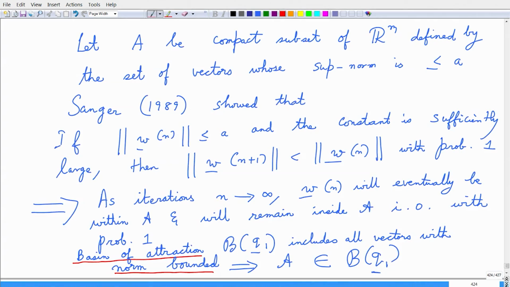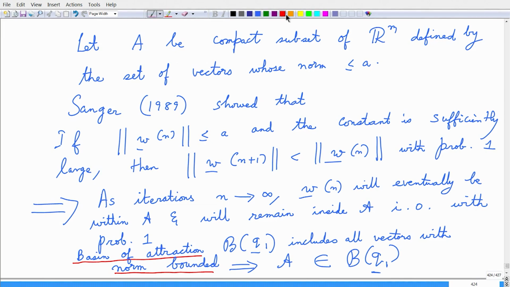Now, let A be a compact subset of Rm defined by the set of vectors whose norm is less than or equal to A. Sanger showed in 1989 that if this norm is less than or equal to A and this constant A is sufficiently large, then the norm of the weight vector at time n plus 1 is less than the norm of the weight vector at time n with probability 1.